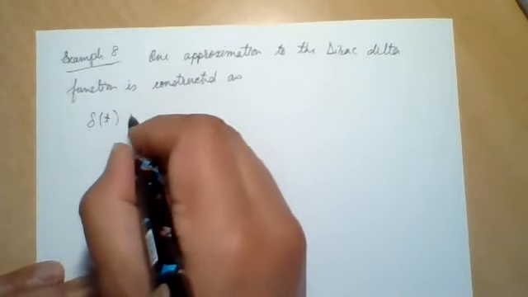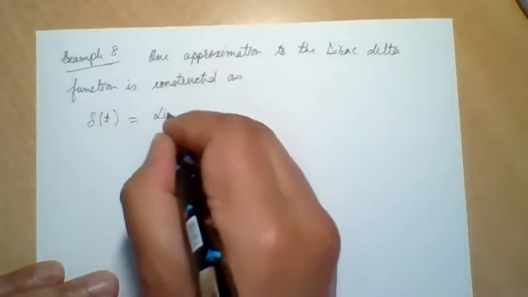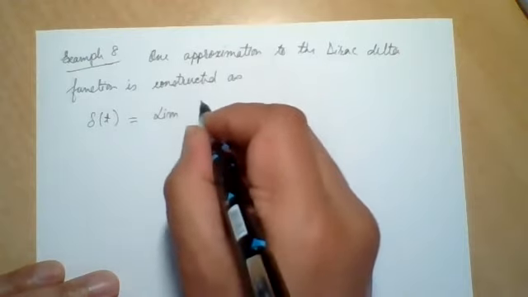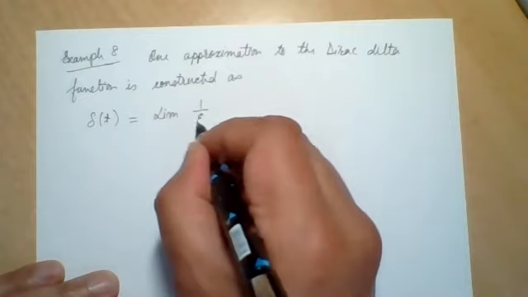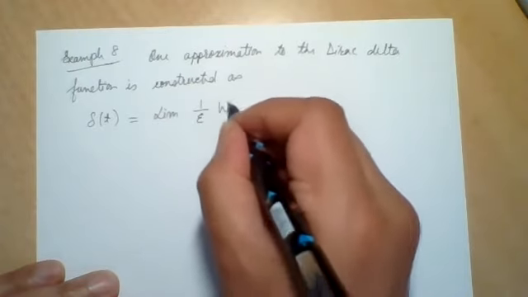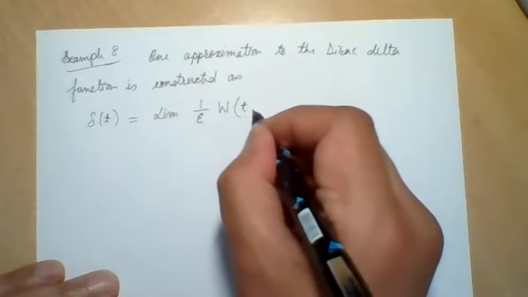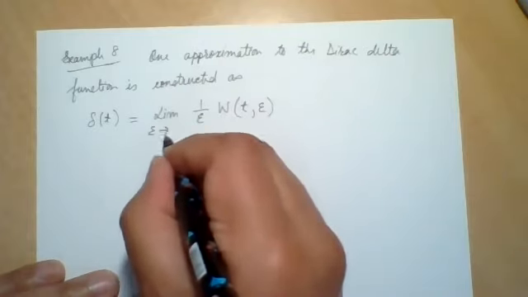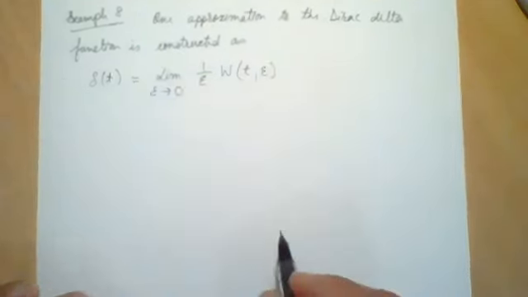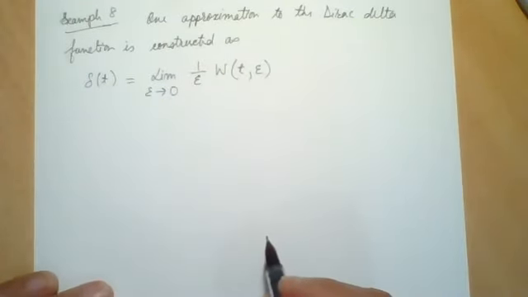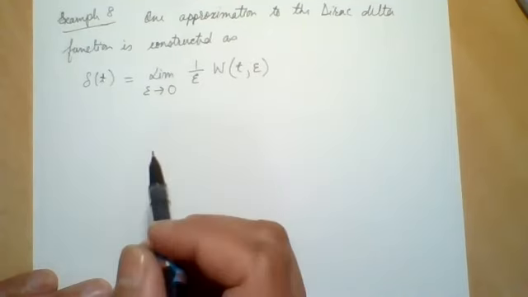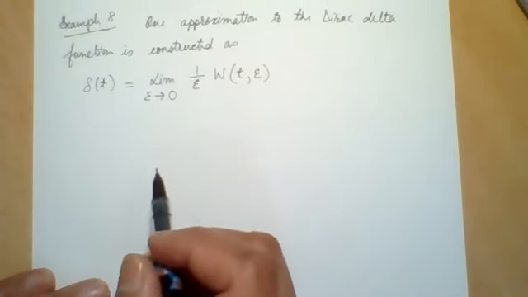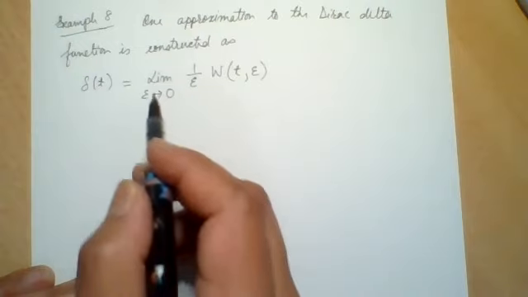delta of t is equal to the limit of 1 by epsilon w of t comma epsilon, in the limit epsilon tends to 0. So let us try to calculate the Laplace transform of the Dirac delta function by using this property.